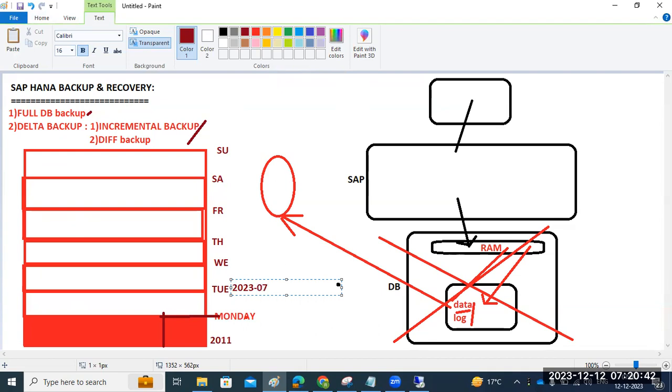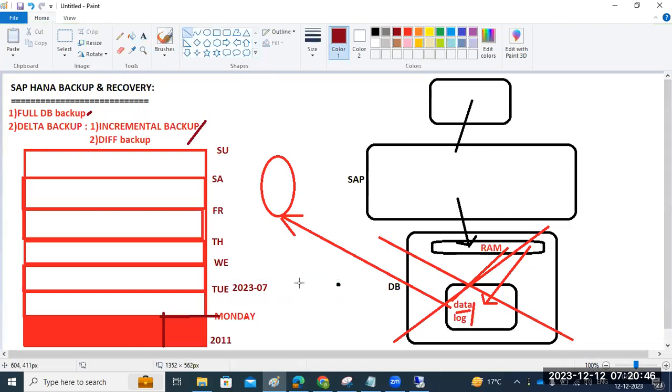Whatever data is there up to 7 o'clock, all the data will be backed up, from 2011 to 2023. Whatever data is there at the database level, all of it will be backed up.